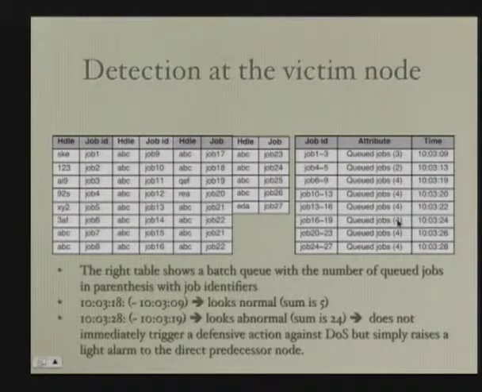So because the threshold is 20, we can say that it looks very abnormal. But in this case, the agent does not immediately trigger defensive actions, but simply raises a light alarm to the direct predecessor node.